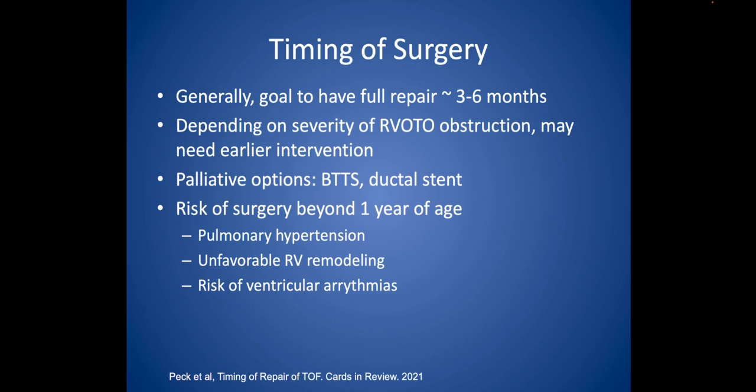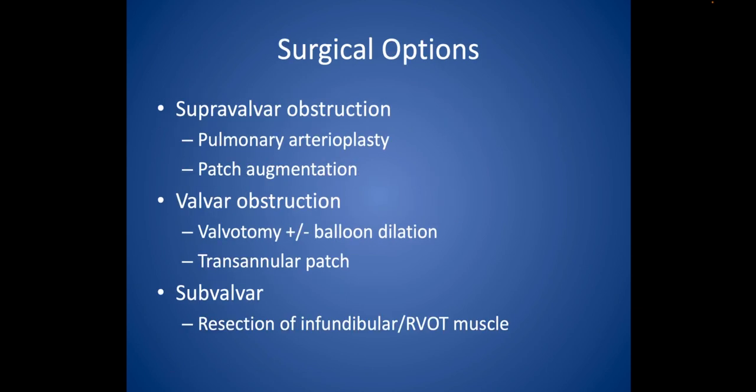There's unfavorable RV remodeling as well when you have systemic or suprasystemic RV pressures. And then ultimately, at time points beyond that 1 year of age, you can also have risk of ventricular arrhythmias.